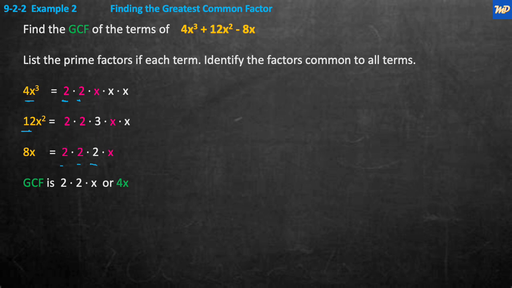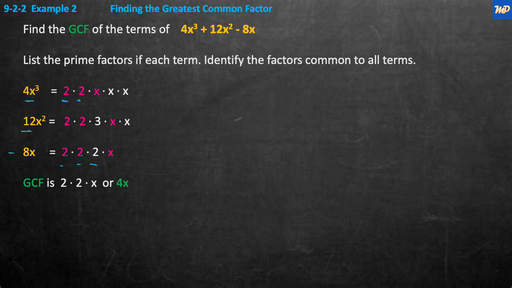So now what are the common factors? What we have to do is look at each set of terms and find which factors are common to all 3, and whatever the quantity is, we take the lowest of all 3. We have two 2's in the 4x cubed, three 2's in the bottom term by the 8, and two 2's in the 12.